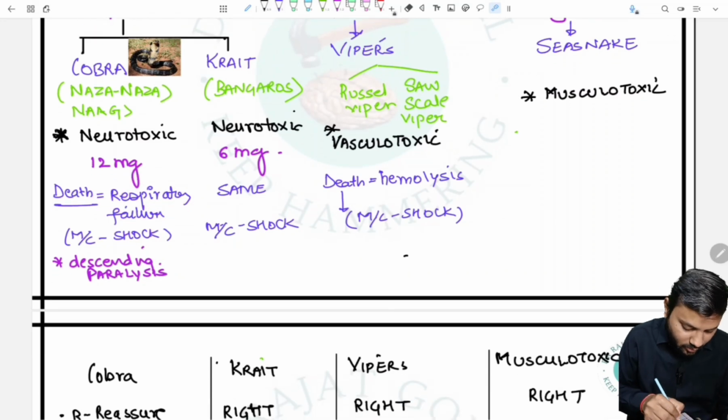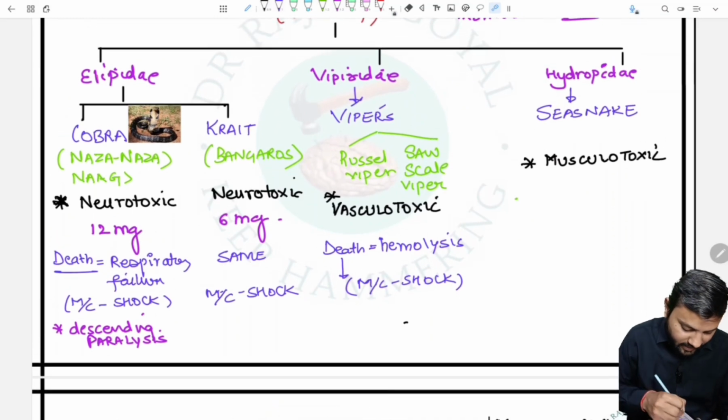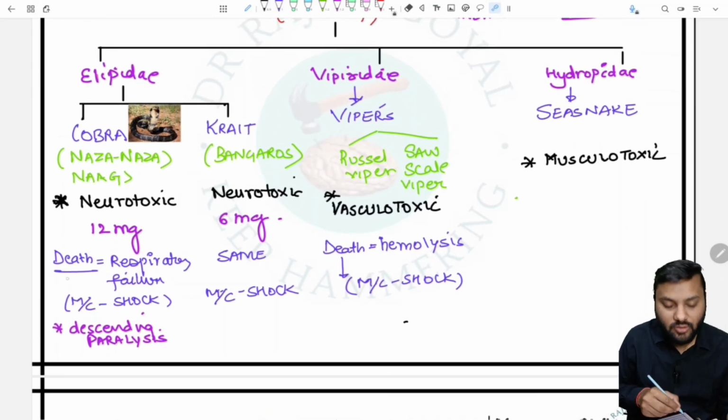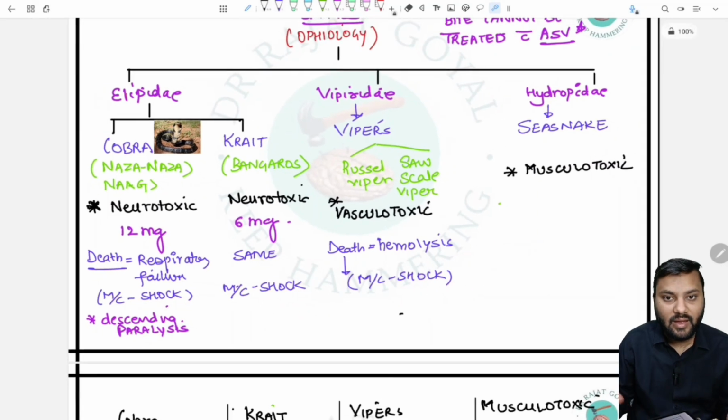Overall, in any case of snake bite, the most common cause of death is shock, because the person becomes very anxious after the bite of the snake.